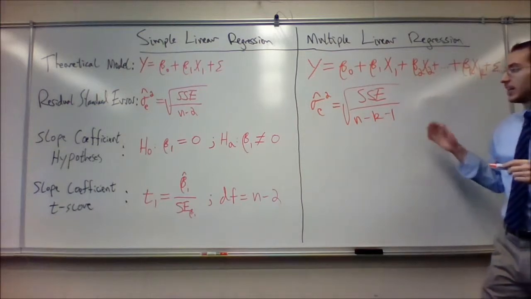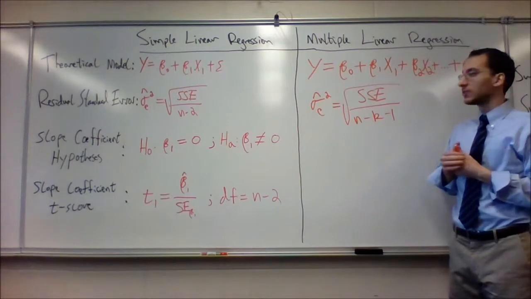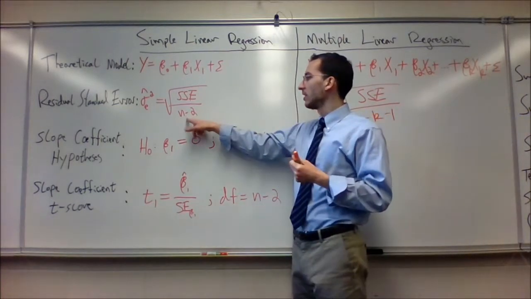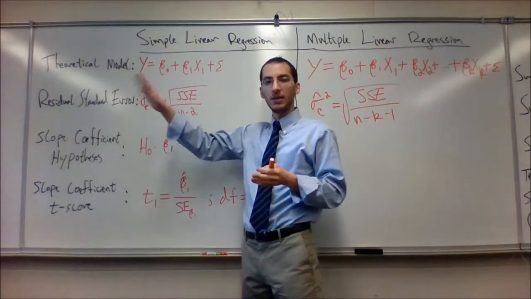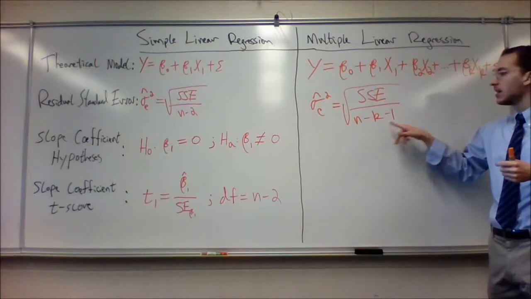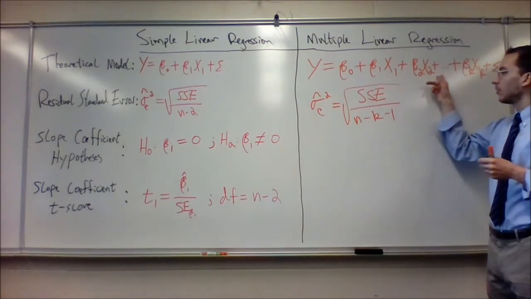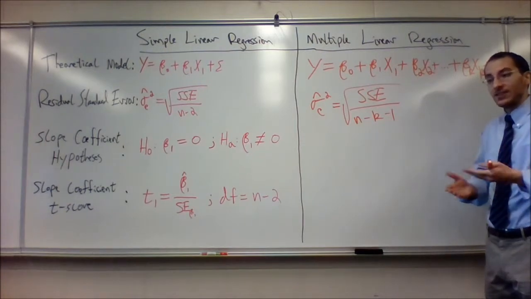The residual standard error depends on how many variables we're using. So instead of, in simple linear regression, dividing by n minus 2 and then taking the square root to get my typical error, now I'm dividing by n minus k minus 1. So in the case of simple linear regression, k is equal to 1.